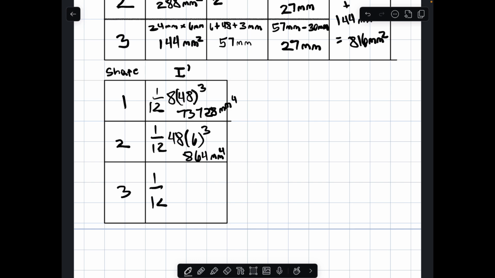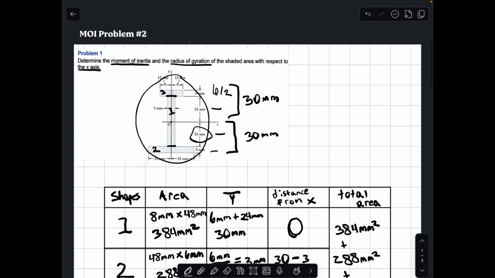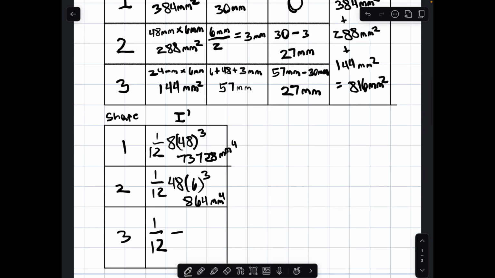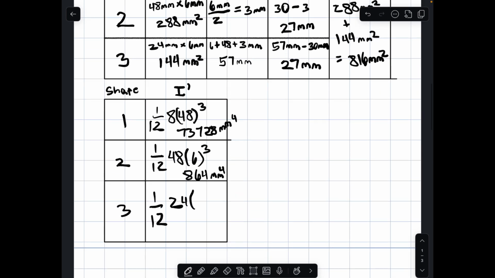And for the third, 1/12 times the base, which is 24, times the height, which is 6, cubed, that is 432 millimeters to the 4th.